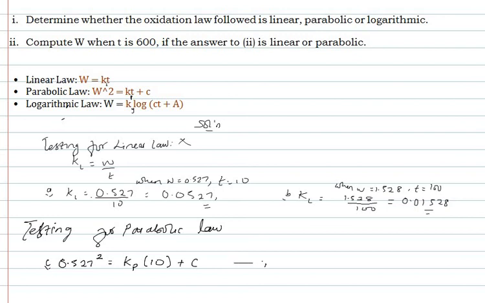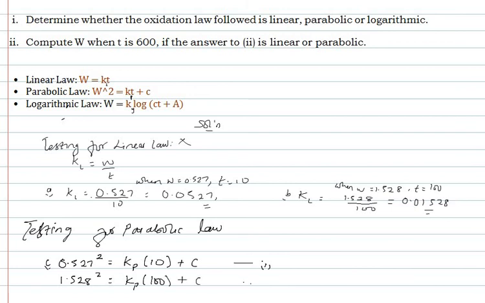That's your equation 1. Then for your equation 2, you substitute the other values. Here your W is 1.528, so 1.528 squared is equal to Kp times your T, which is 100, plus C.